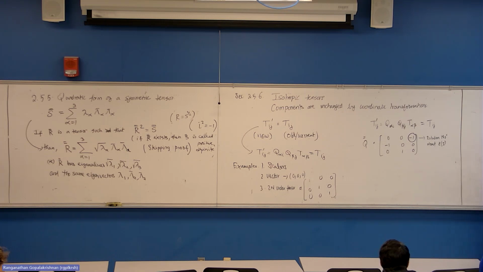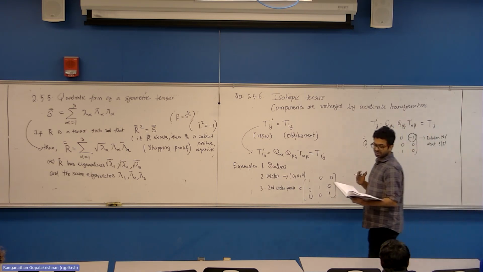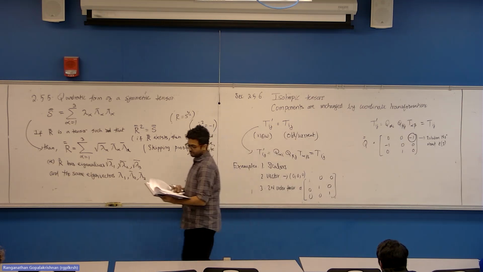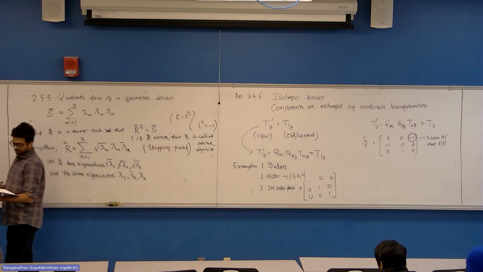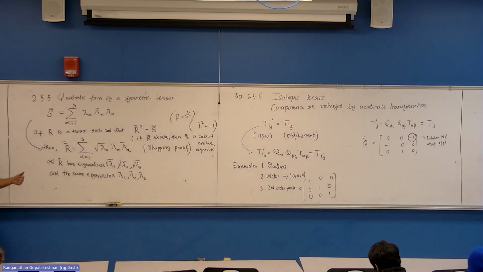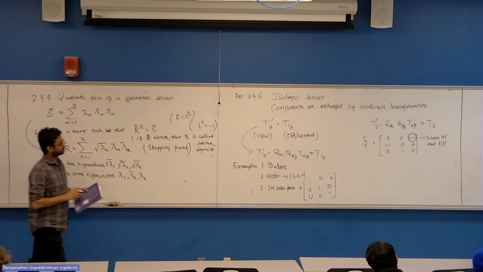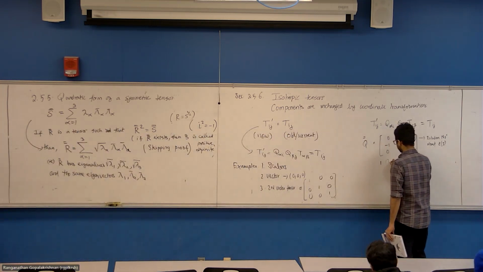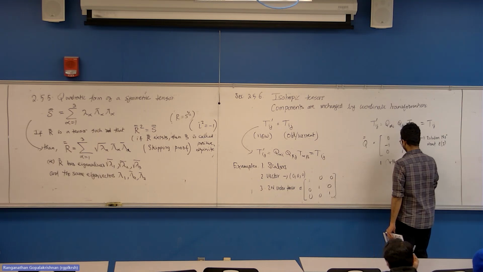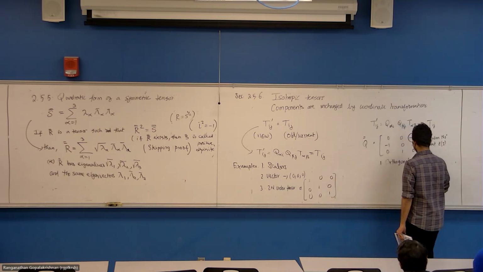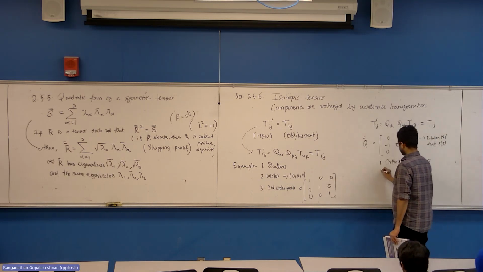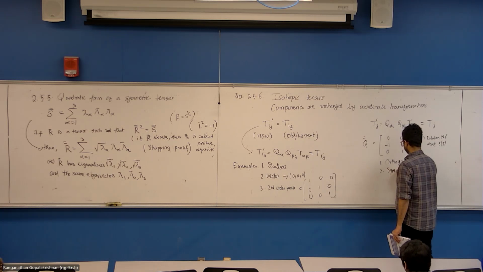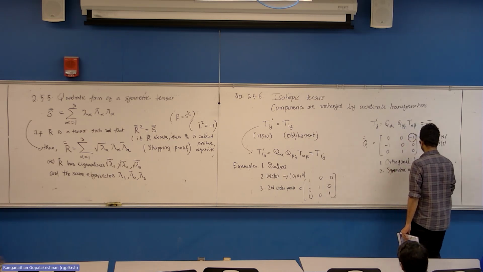So what should you learn from this section? That is section 2.5. We saw a lot of properties. Let me summarize. We saw what are orthogonal tensors. We saw what are symmetric and anti-symmetric tensors.